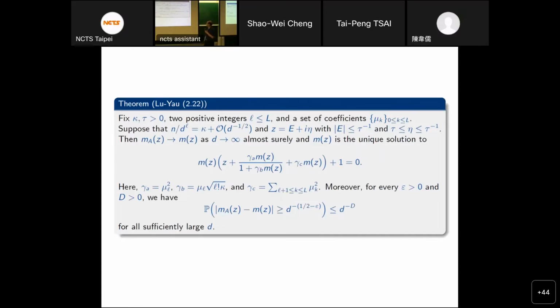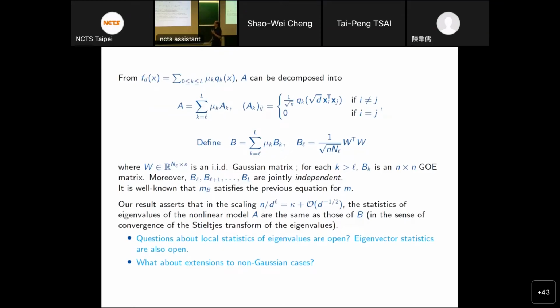Lu is in electrical engineering and was quite interested in this question, so we talked for a year and tried to figure out the answer.